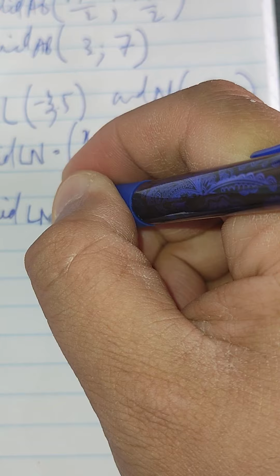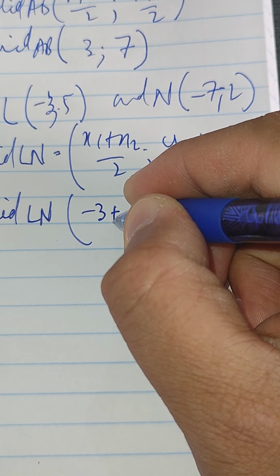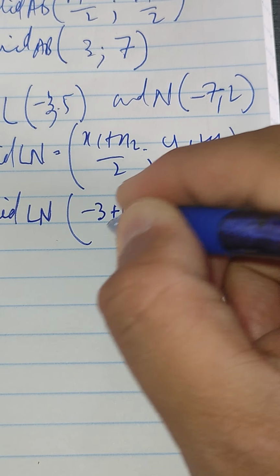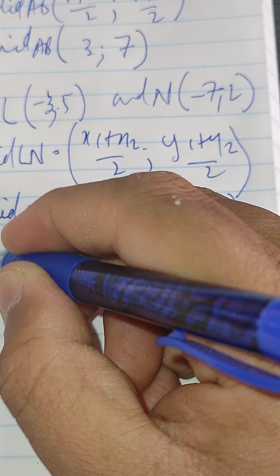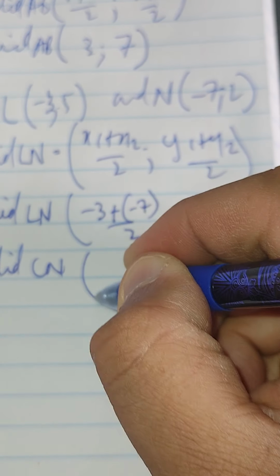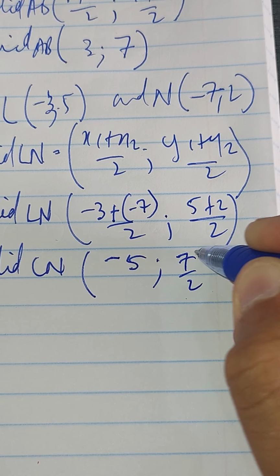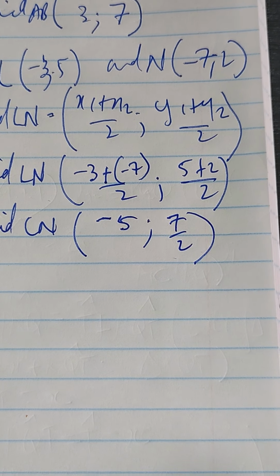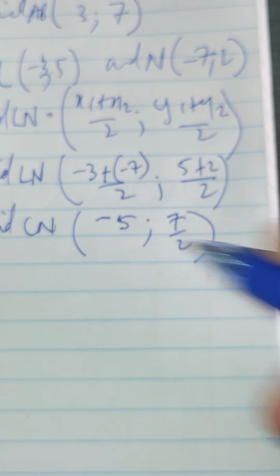So the midpoint of LN is negative 3 plus negative 7 over 2, 5 plus 2 over 2. So the midpoint of LN will be negative 5 and 7 over 2. Okay? That's 2c.